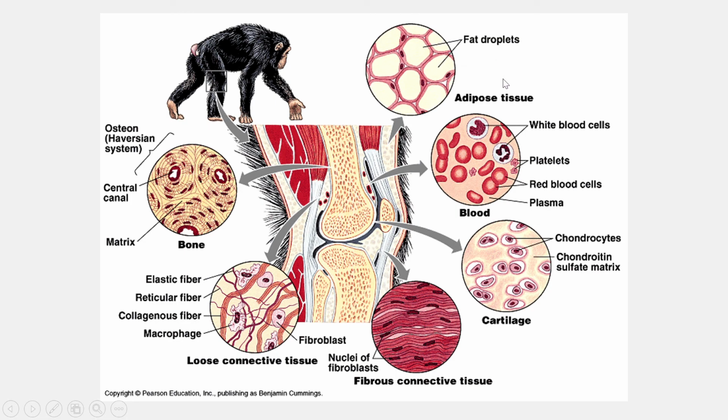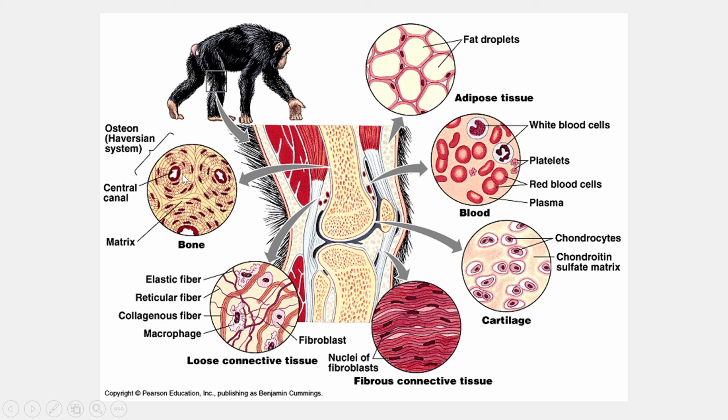Okay, fat droplets, adipose tissues, blood. This is tissue, blood tissue. So in blood tissue, a lot of cells, white blood cells, platelets, red blood cells, even the plasma, cartilage, fibrous connective tissues, loose connective tissues, bones.